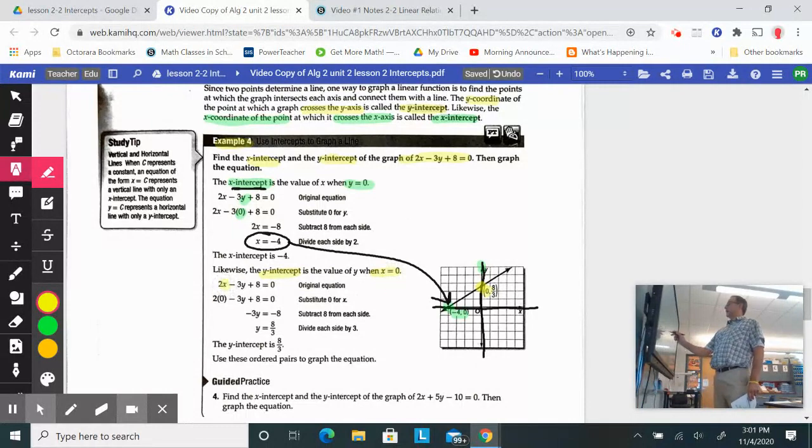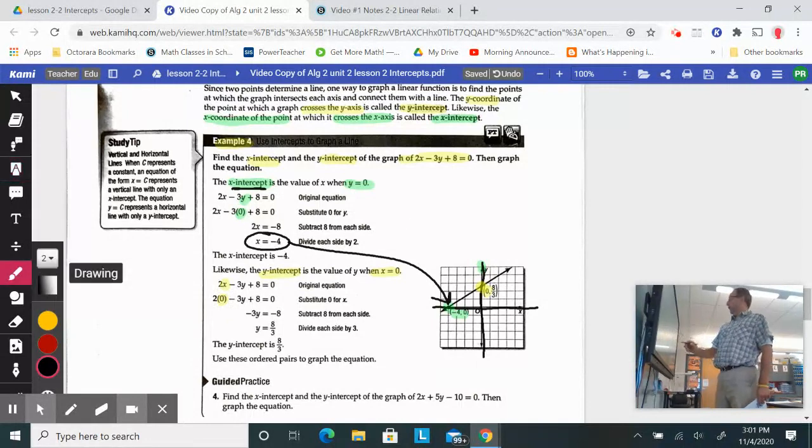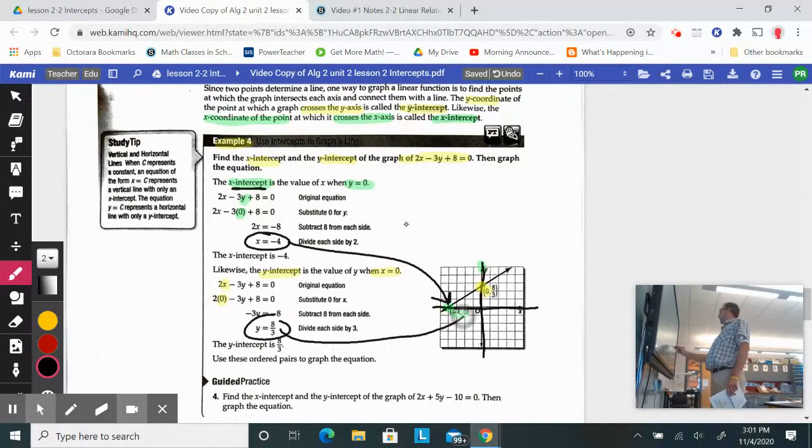So the x gets taken out, you replace it with a 0, and then you solve the equation, and you get y equals 8/3, which then would be your y-intercept. So 0 is the x, 8/3 is the y. So using the intercepts helps you graph a straight line real easily because you only need 2 points to graph a line.